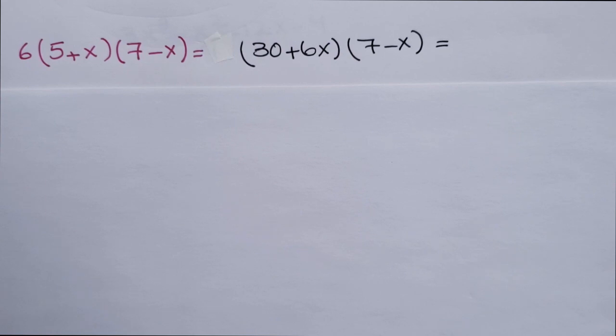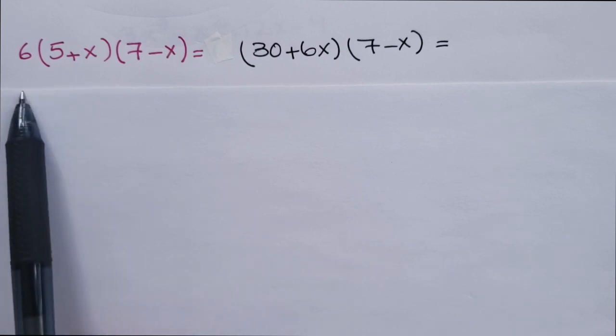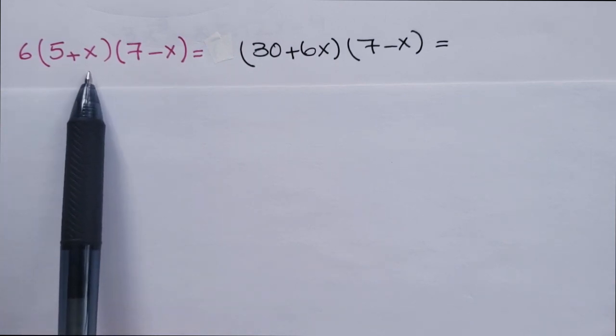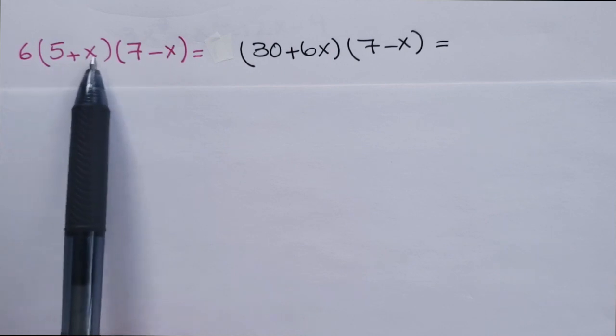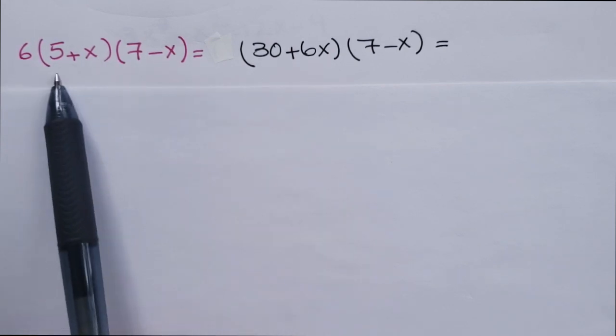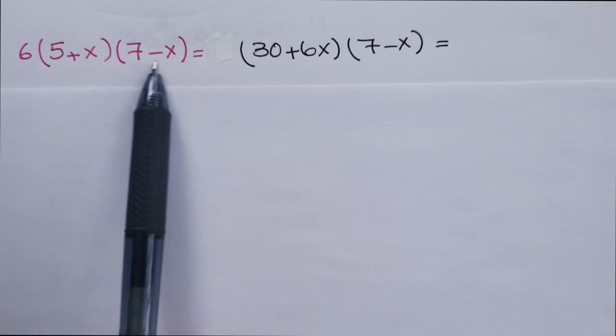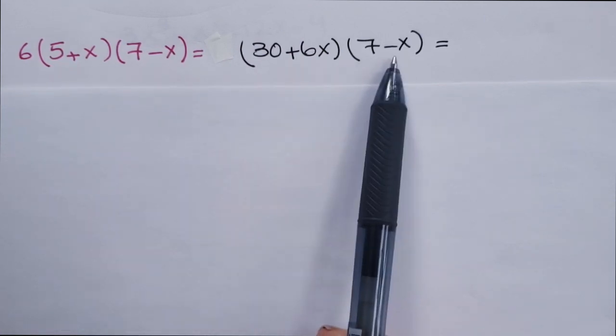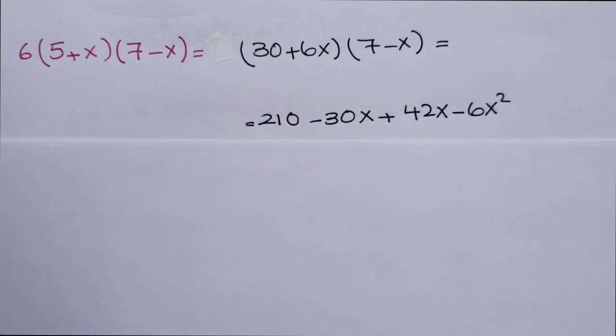Or, I want to show you a different alternative. I just multiply the 6 into the first bracket. It changed into 30 plus 6x. And then instead of 3 brackets, it will be reduced to 2 brackets, and then I can do the FOIL.